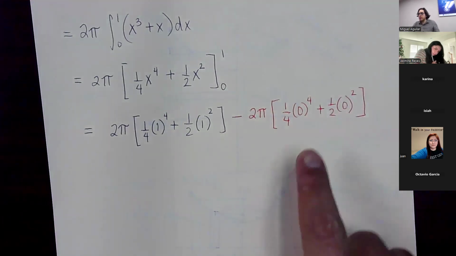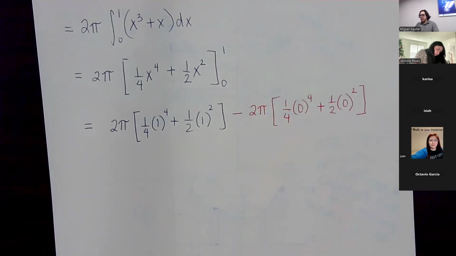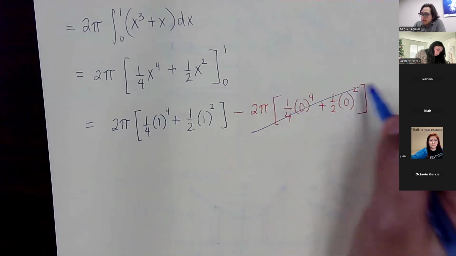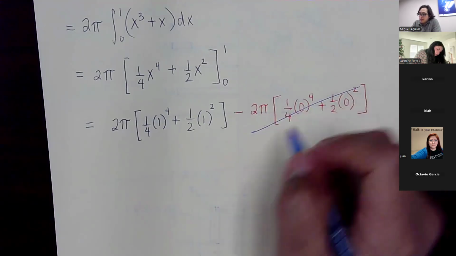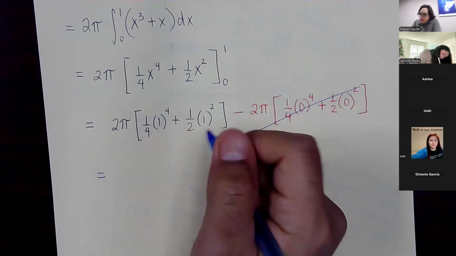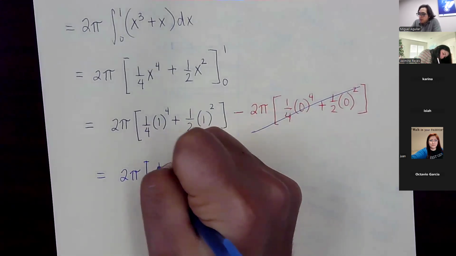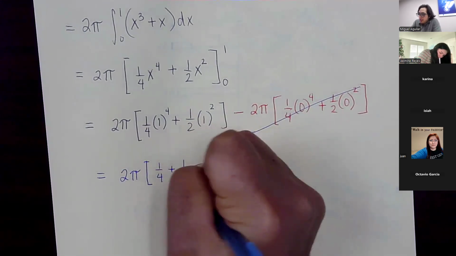And then luckily, what happens to this part of the integral over here? It's just 0. So that's gone since it's just 0. And then we can just go ahead and simplify this a little bit more. So this will be 1/4 plus 1/2.